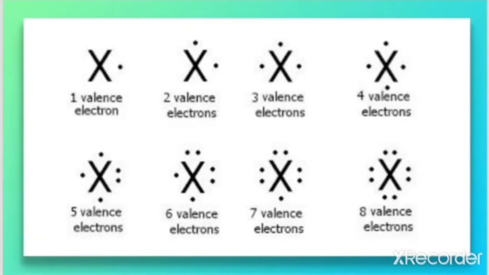Let the element be X. The two dots come to the top center of the symbol, then the bottom center, then the left center and right center. So 2 electrons are better placed in this manner. So the number of valence electrons is represented here in the form of dots.